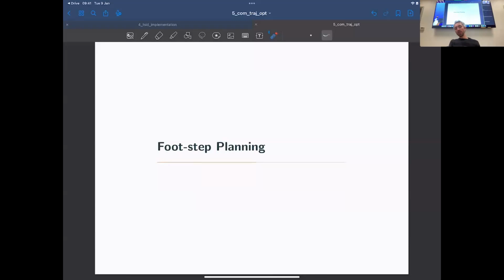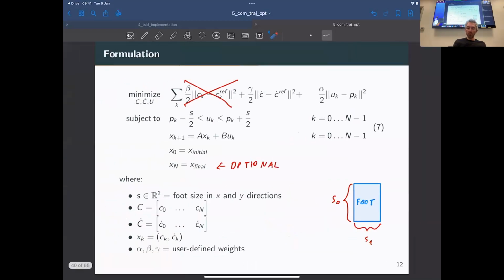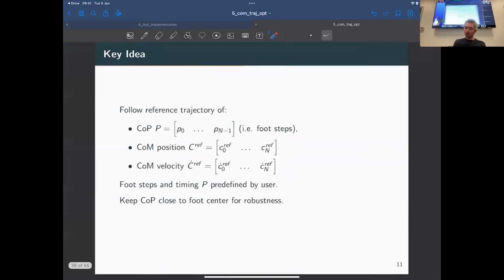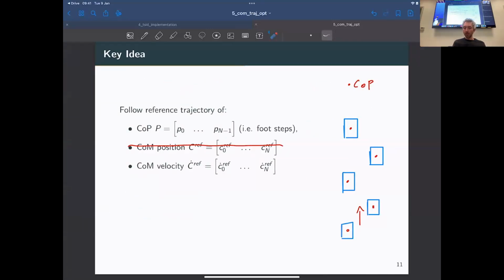Okay, so in this first version of the problem that we just saw, we assumed that we were doing the footstep planning, basically. So once we know in which direction we want to move, as I showed you here, we can position some desired footsteps along the path in that direction.